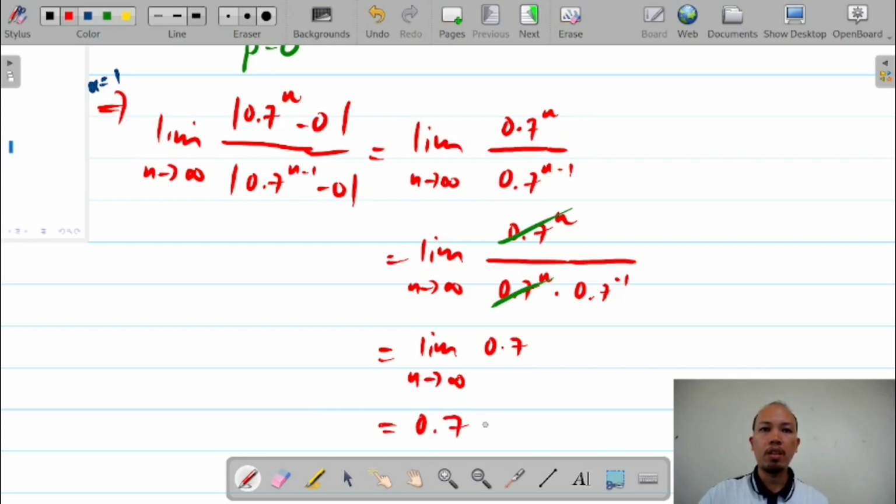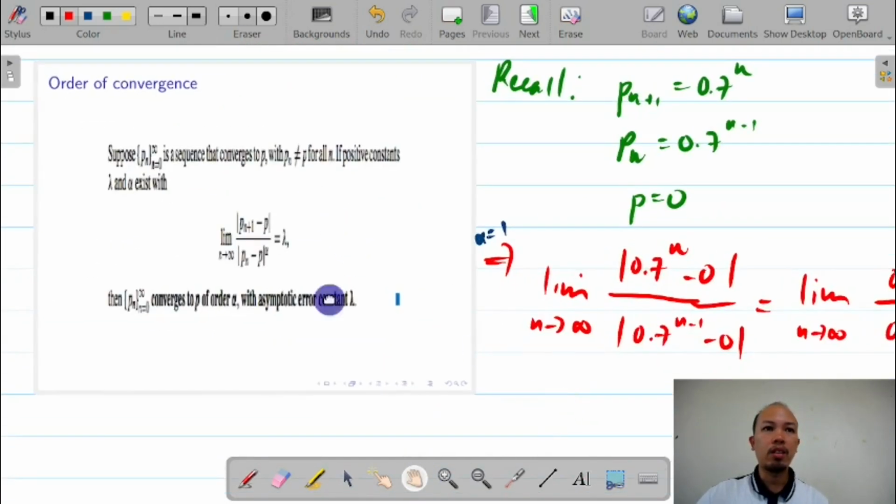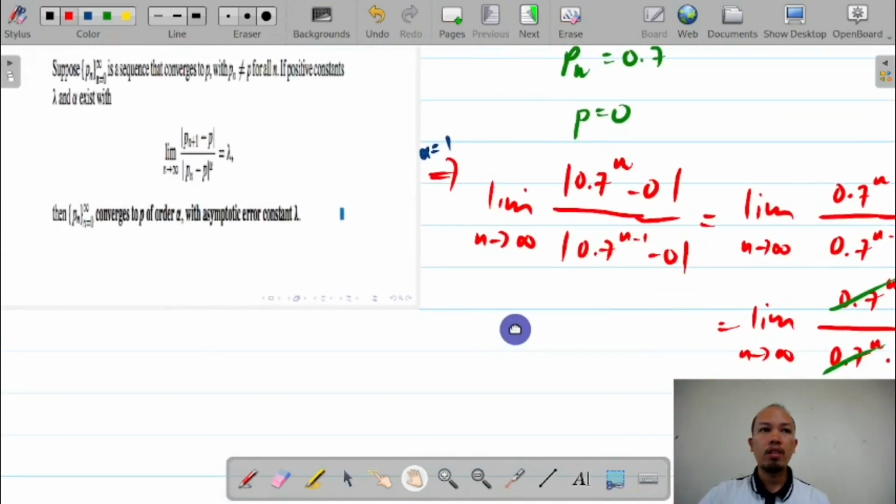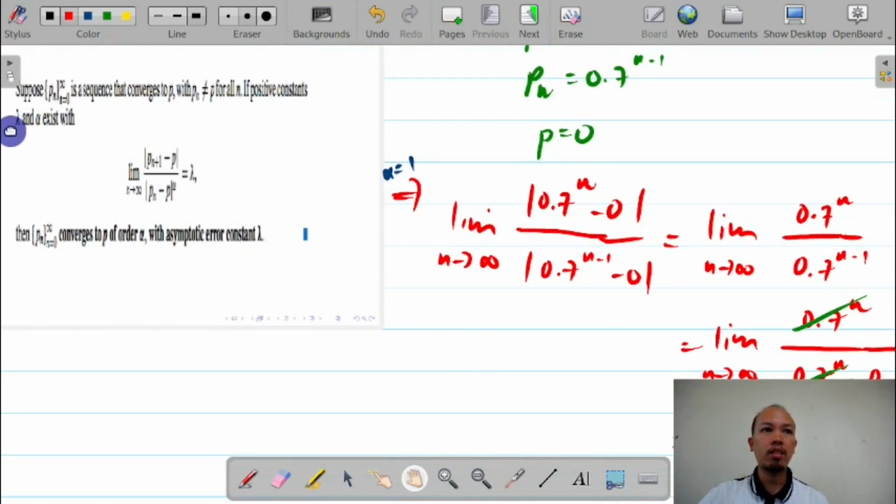So this is our lambda, based on the definition here. So our lambda is the rate of convergence, and our order alpha is 1. So the limit exists. Okay, it says here if positive constants lambda and alpha exist with this limit, then the sequence converges to p of order alpha.